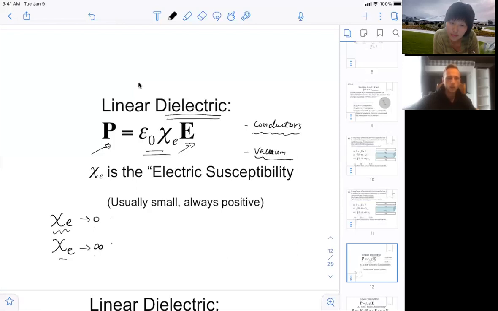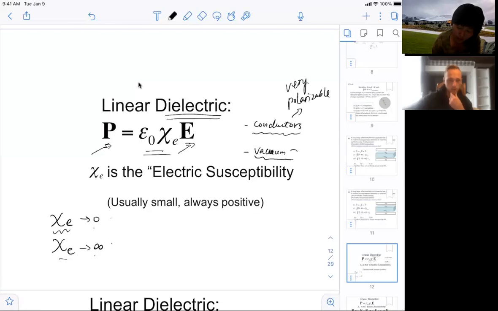Because let's say you have a parallel E field component near your surface, and the charges will rearrange so that the only component of the E field is perpendicular. In other words, you can more easily polarize a conductor rather than a vacuum. Yes, so conductors are more polarizable. Very.